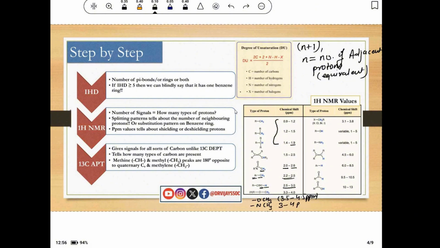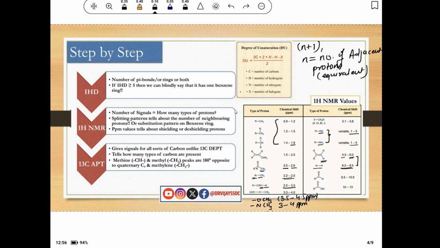We should also remember that the hydroxy and NH2 are acidic protons, therefore they are exchangeable, and they show variation from 1 to 5 ppm. So these values are not fixed. And then we should also remember vinylic hydrogen usually shows between 4.5 to 6 ppm, and sometimes it overlaps with the aromatic protons, and then it creates confusion.